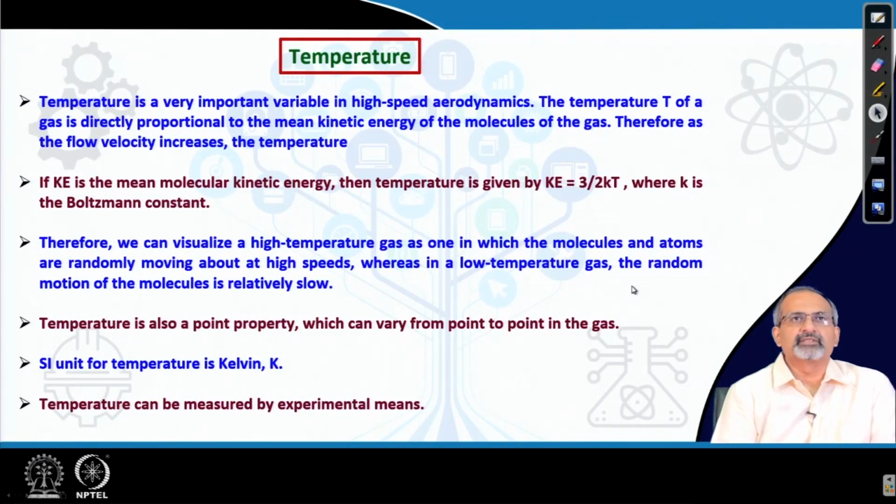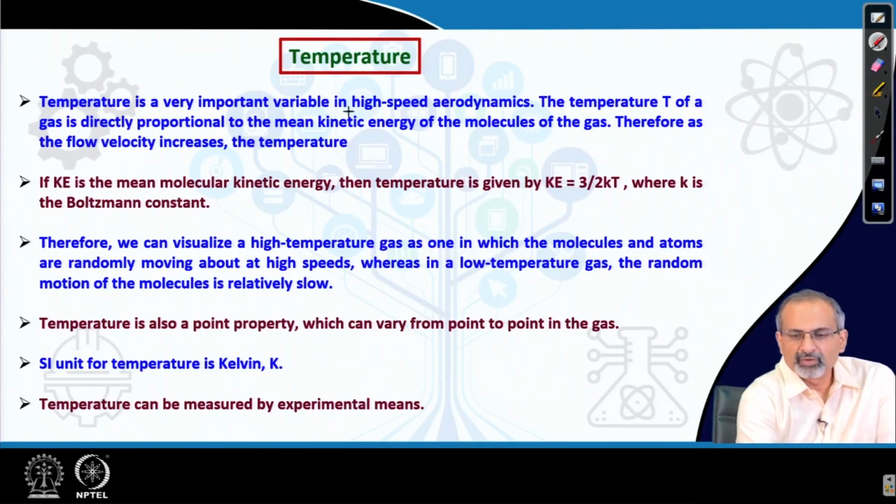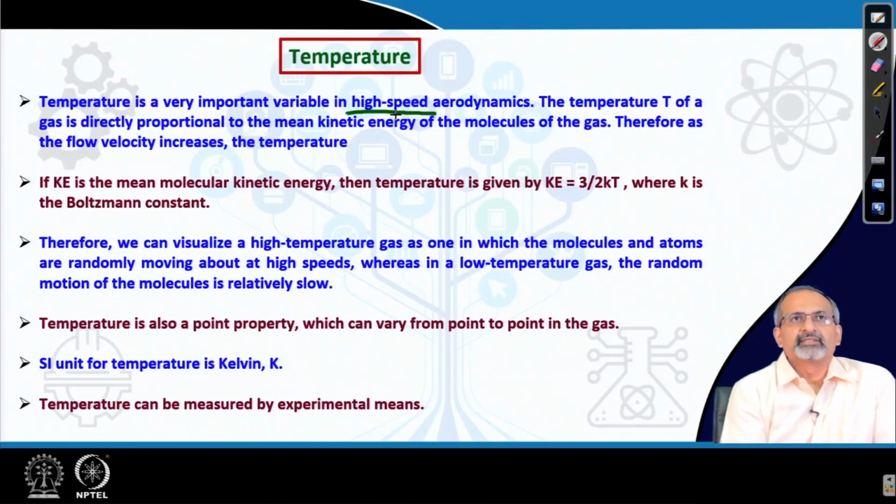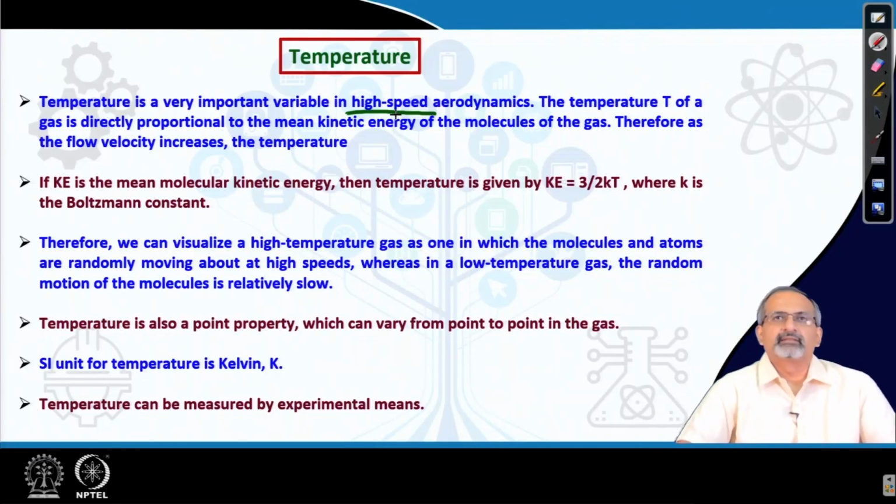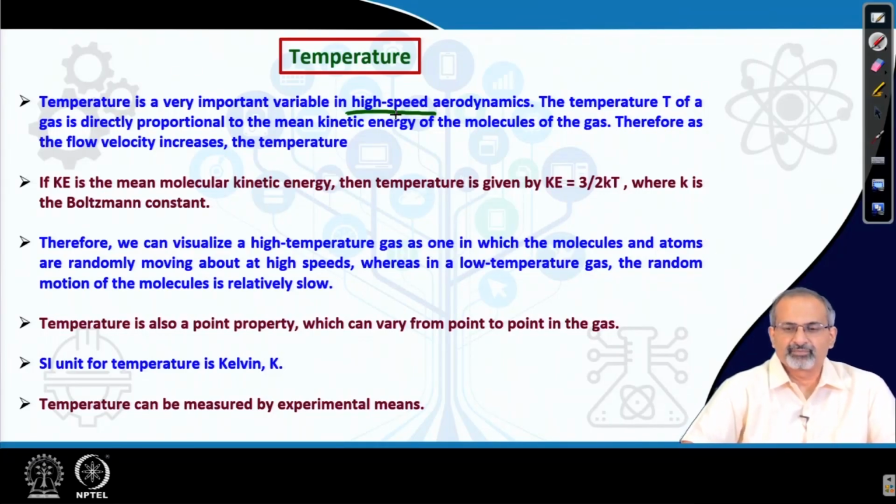Let us look at temperature. It is a very important property of the fluid when we are looking at high speed flows. The temperature of a gas, as we know, is directly proportional to the mean kinetic energy of the molecules of the gas.